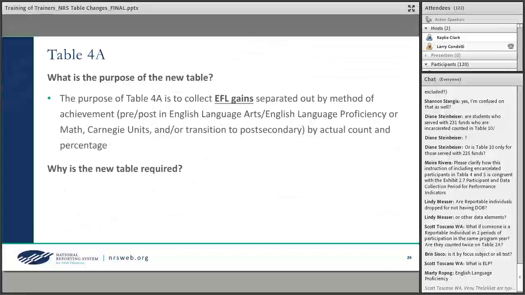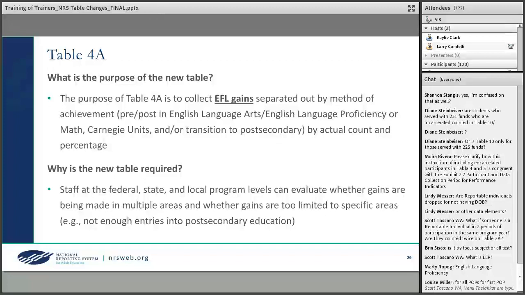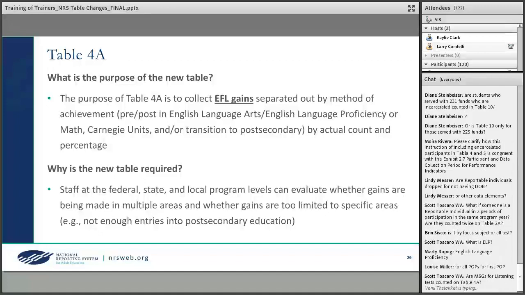So it gives us, next slide please. The reason is that we can see all of those gains, which we can't see in Table 4. We only see unduplicated counts with one MSG per POP. And this allows us at the federal office then to look at how gains are being achieved, to see that they aren't too limited to one specific area.